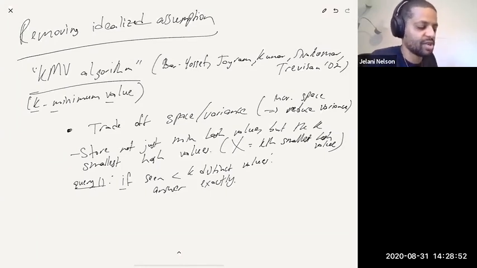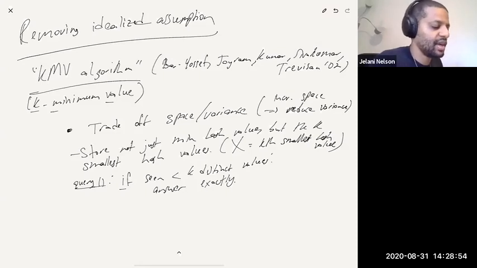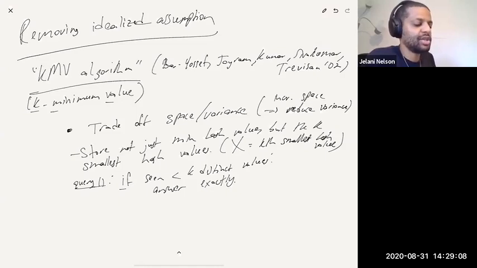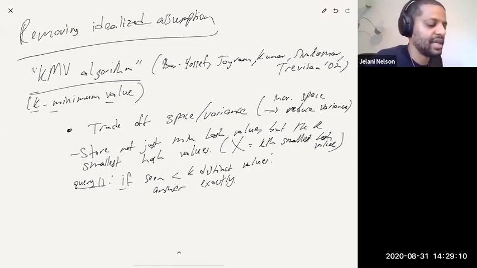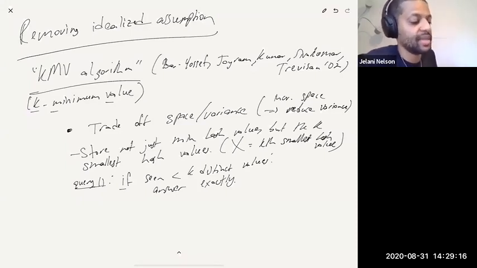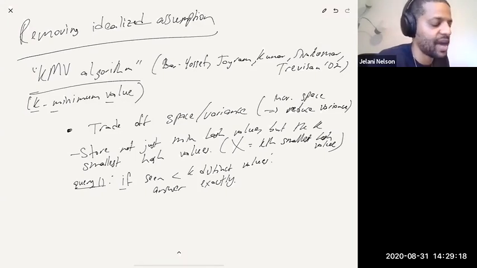It's 0, because these are real numbers between 0 and 1. There's 0 probability that I get two uniform real numbers that are exactly the same. So if I've seen fewer than k distinct values, I can be sure that I've never seen a repeated hash value. It's not the case that I've seen 4 hash values but there are actually 5 elements, with 2 of them happening to have the same hash value. That's not going to happen.